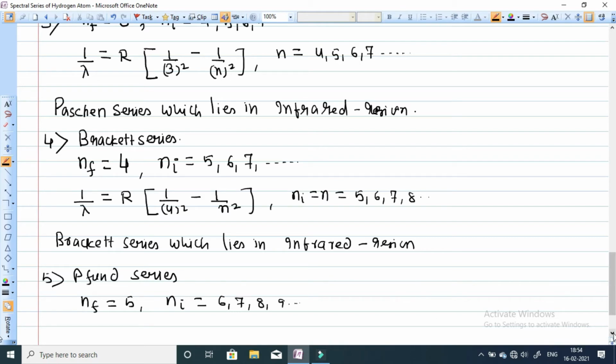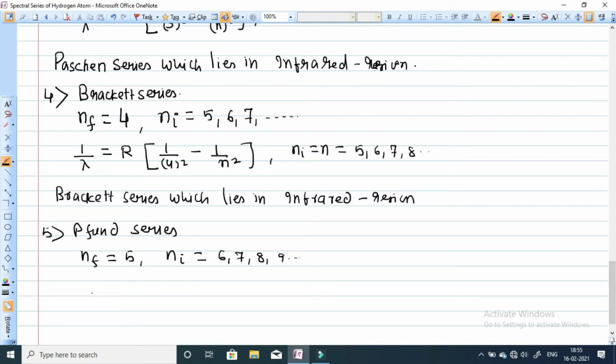Then the Rydberg formula is 1 upon lambda is equal to R into 1 upon 5 square minus 1 upon n square, where n initial is equal to n and its values start from 6, 7, 8, 9, 10, like this.